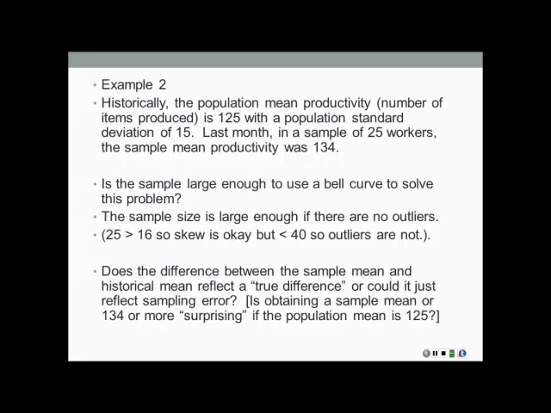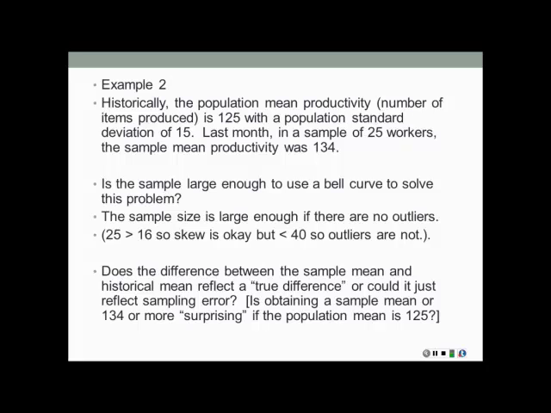Assignment 1, homework 1, the first few questions, we have this difference between a hypothesized mean and a sample mean, and we say it could be a real difference, or it could just be sampling error. Same thing with the binomial distribution. When we were looking at those last questions in each one, could the percent or proportion that was proposed be plausible or not?